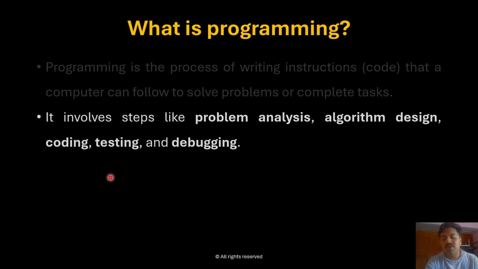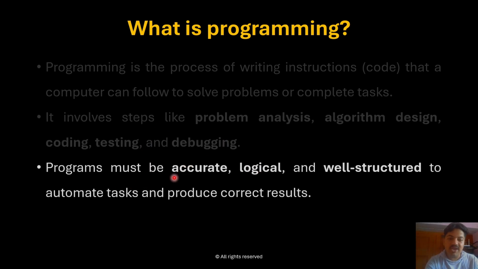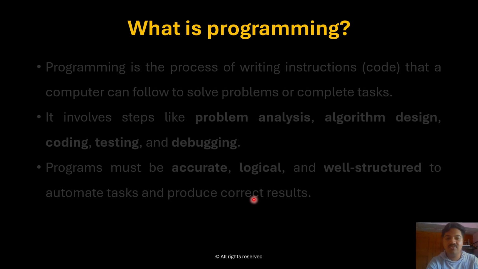After writing the code, it goes to the testing phase where we test whether the code is giving the correct output or not, and then finally, if it is not working as we supposed it to work, we go for debugging. So a program must be accurate, logical, and well structured. This is all checked in the testing phase to automate tasks and produce correct answers. So a program or code must produce correct answers, else it has no use.